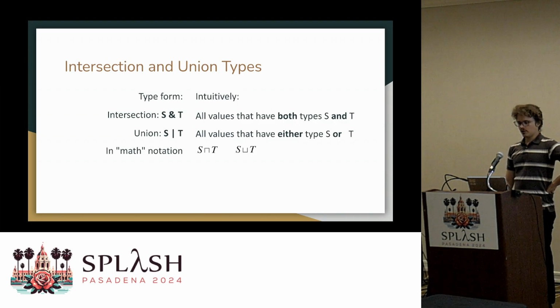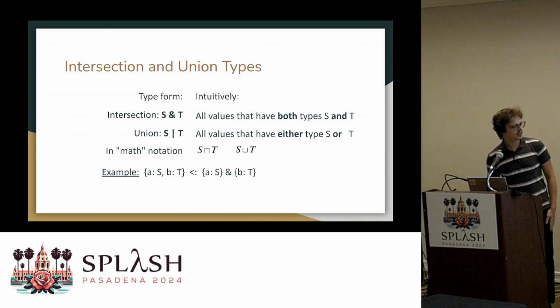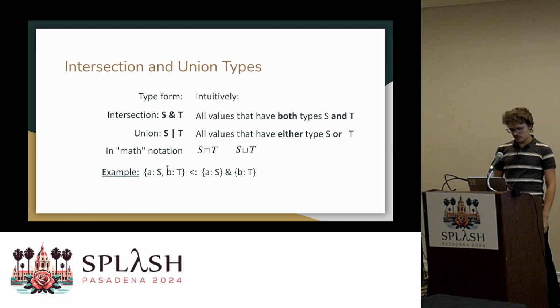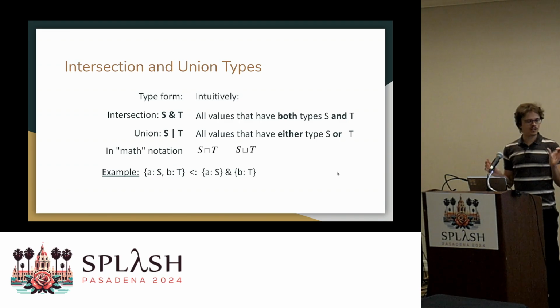And in actual programming languages, we use the ampersand and pipe characters. So here's an example in many languages with intersection types that also have record types, such as this record type, which is a record of field A of type S and field B of type T. Then that record would be a subtype of the intersection of the records made of each individual field.